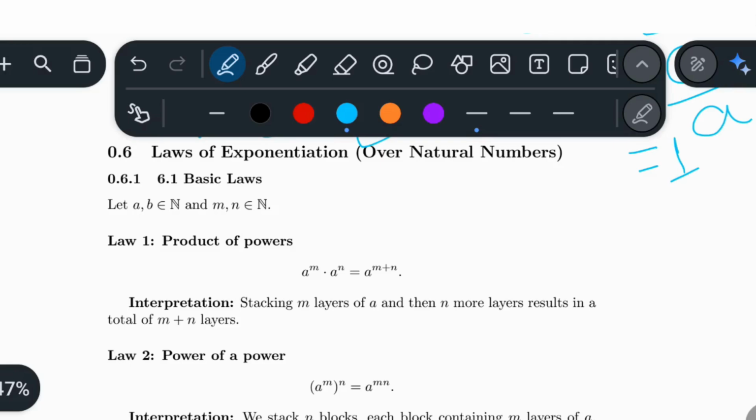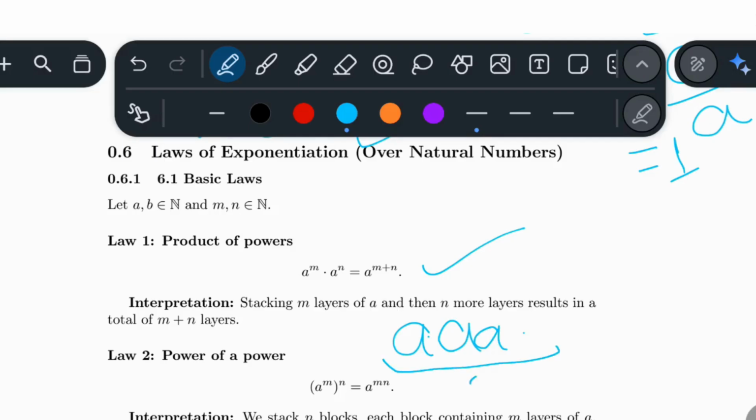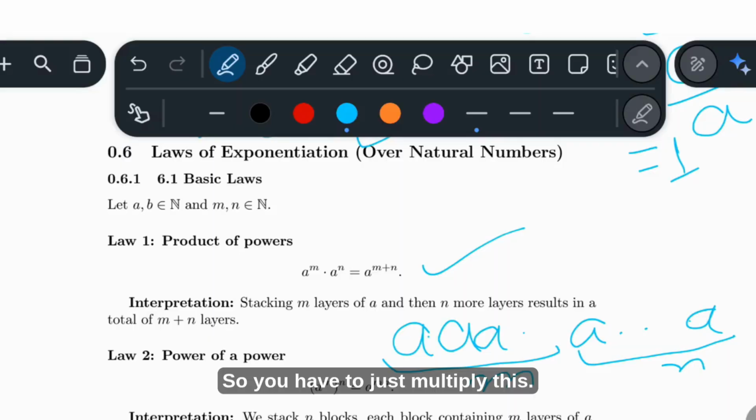Law of exponents: this is simple. When you multiply these things, that is a multiplied m times, and this is n times, so you just multiply this. You can write it like that.